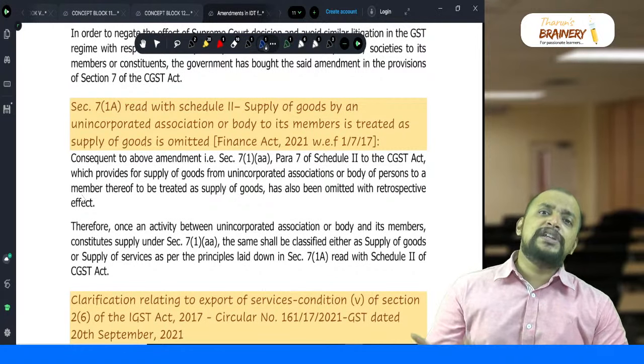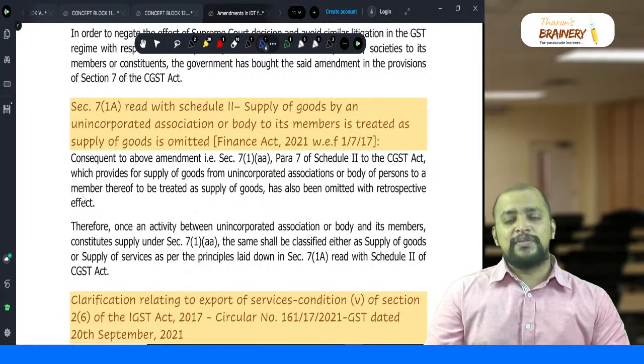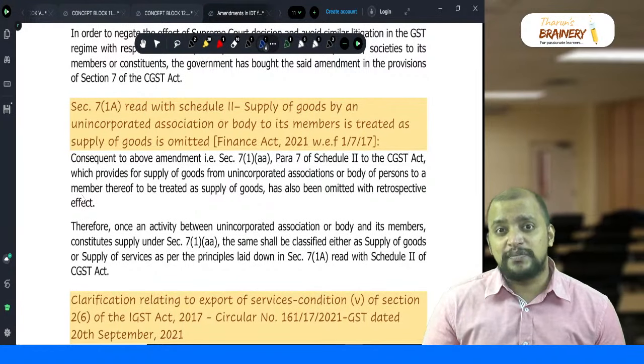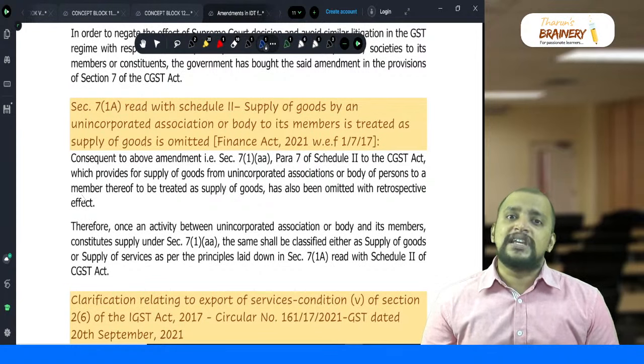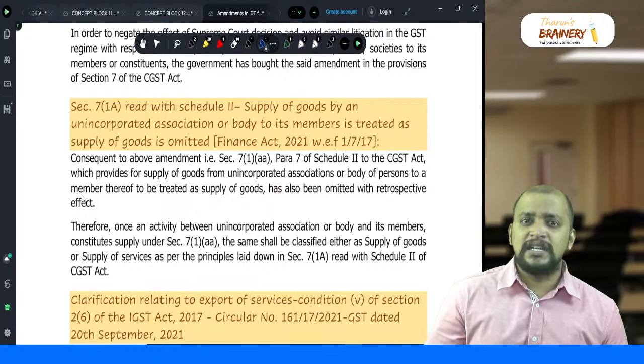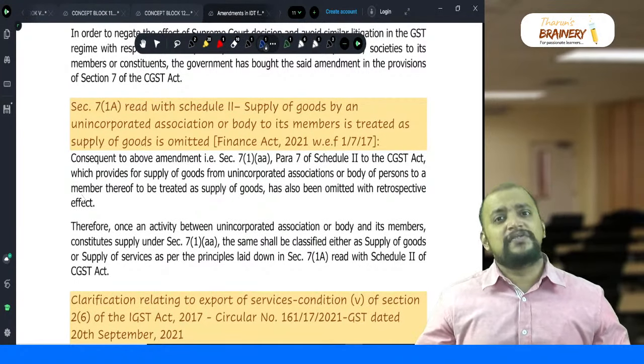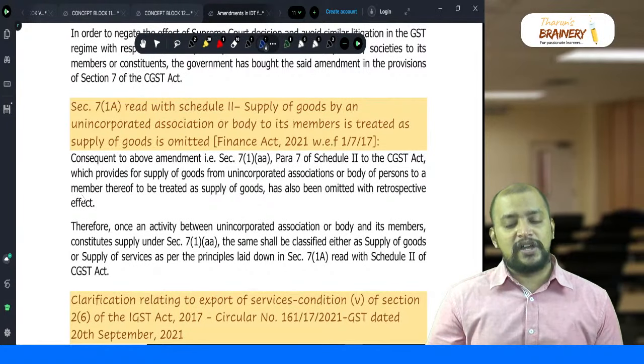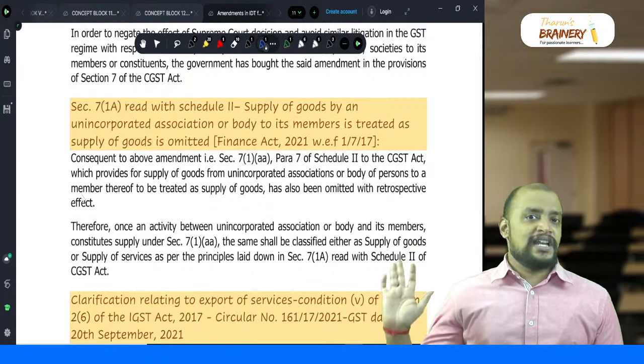But why do we need to treat it as supply of goods? It can be supply of goods or it can be supply of services. Once the activity becomes supply, we need to see what is the nature of that activity. If that activity is service, it will be treated as supply of service. If that activity is goods, it will be treated as supply of goods. And accordingly, we will classify.